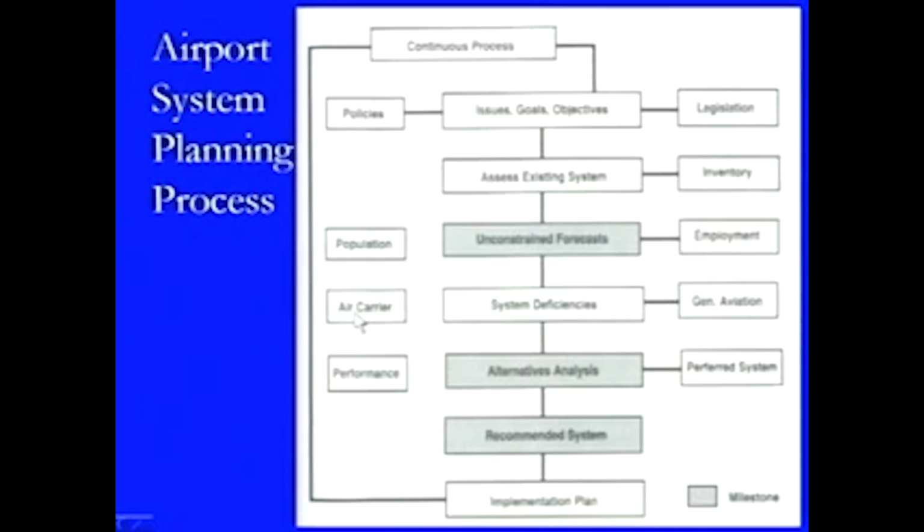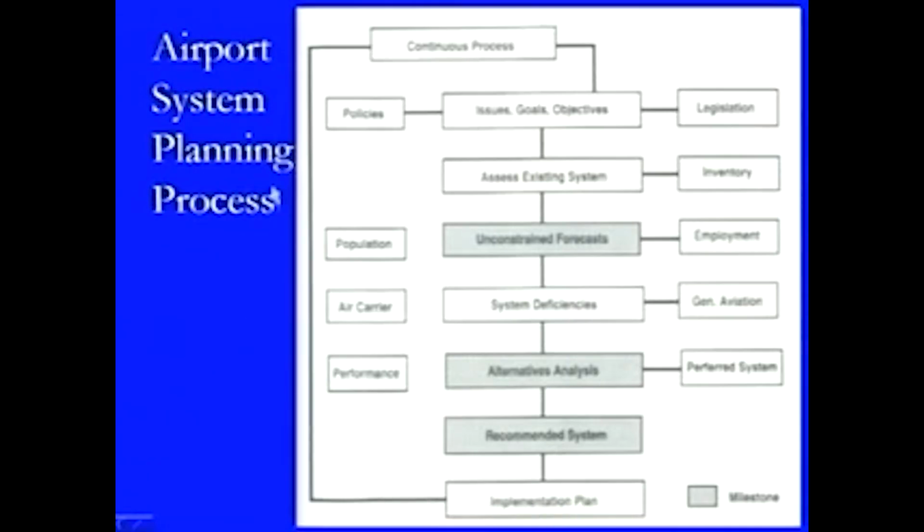So, that needs to be looked at, and then some analysis is to be done, and this analysis will look at the alternate policies or the ways by which the deficiencies can be removed. The preferred systems will be looked at and the performance analysis will be done, and finally a system is recommended and implemented.